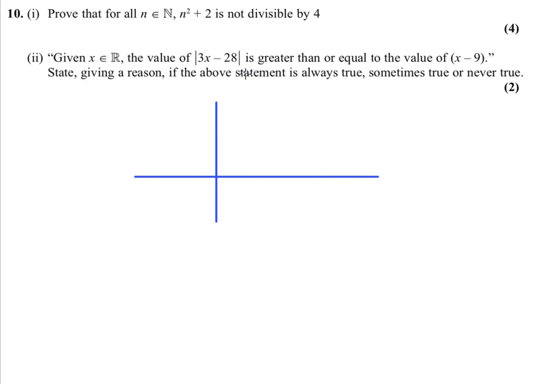The 3x minus 28 graph is going to be a straight line, one of the standard modulus function graphs, but it's going to have a gradient of 3. So even though this doesn't really look like it's got a gradient of 3, I'm going to make it have a gradient of 3. It's going to intercept the y-axis at 28 and it's going to intercept the x-axis at 28 over 3.